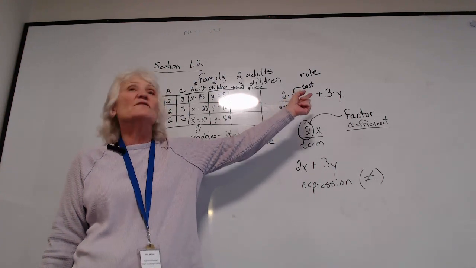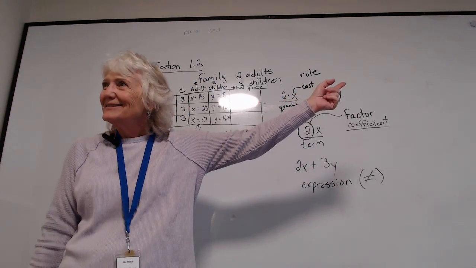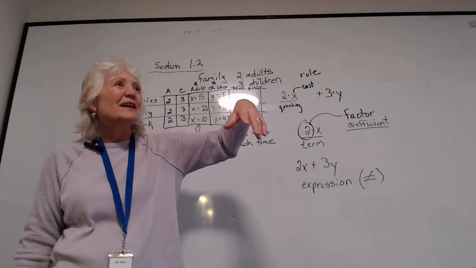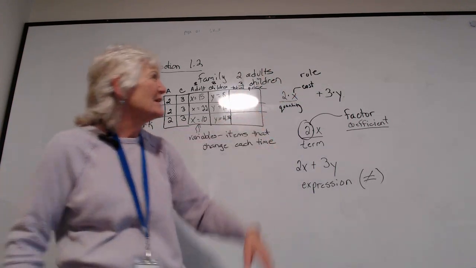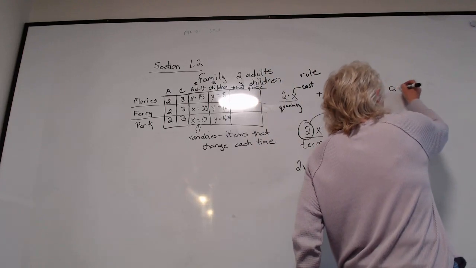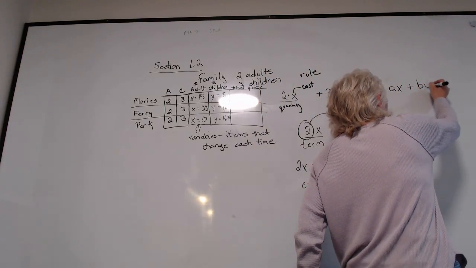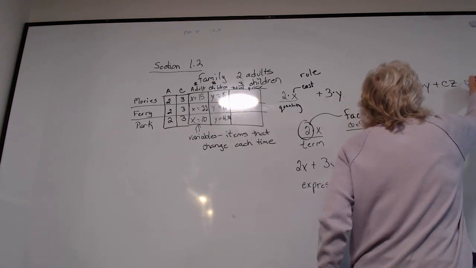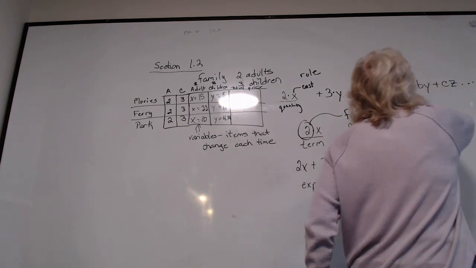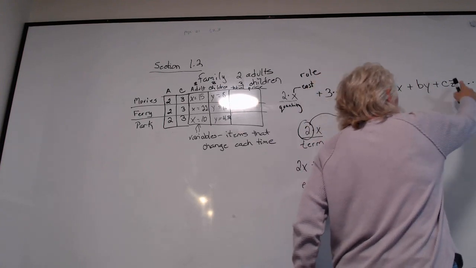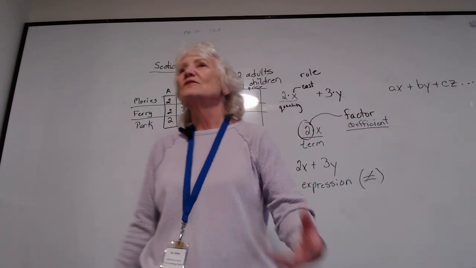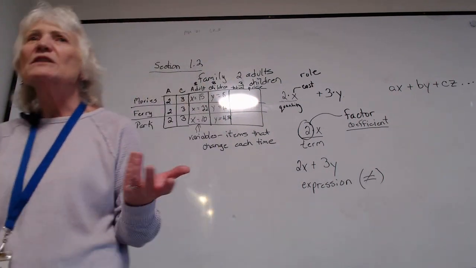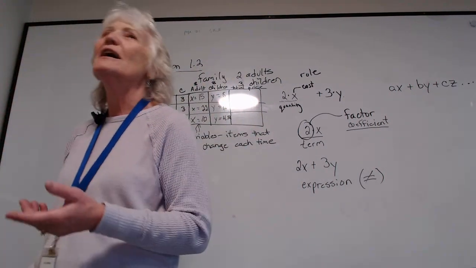And you may have 17 different items, so you have all sorts of different prices that you add together. A lot of times it would be represented this way. Okay, and you can go on and on. So different coefficients, different prices. The quantity and the price you use together, and then you add them all up. That's what they do when they're doing your checkout.